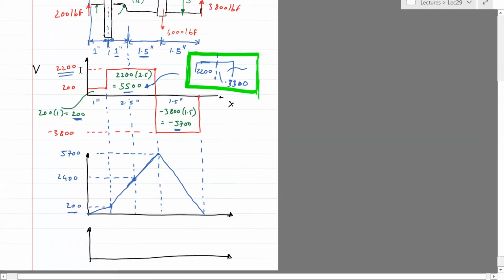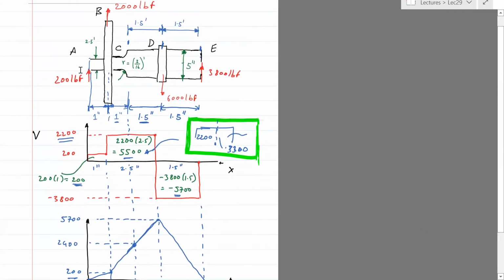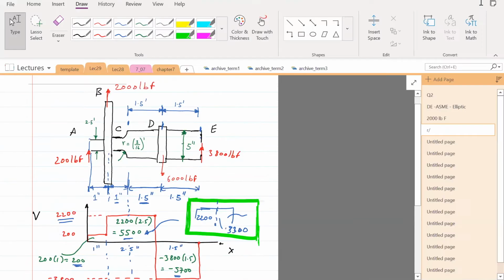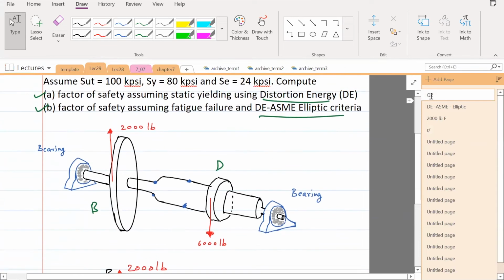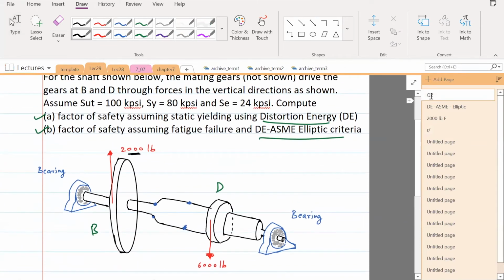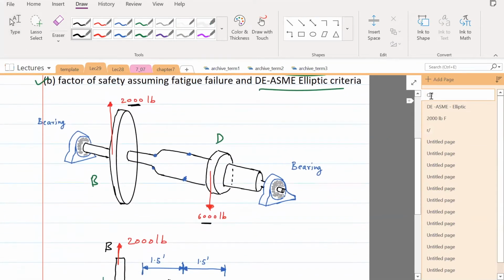Okay, so we've so far not really done too much about torque diagrams, but they pretty much tell the torques as a function of distance. The only two places where there are torques, if you can see in this figure, are: there's a torque here due to this force, and there's a torque on this gear due to the 6,000 force.